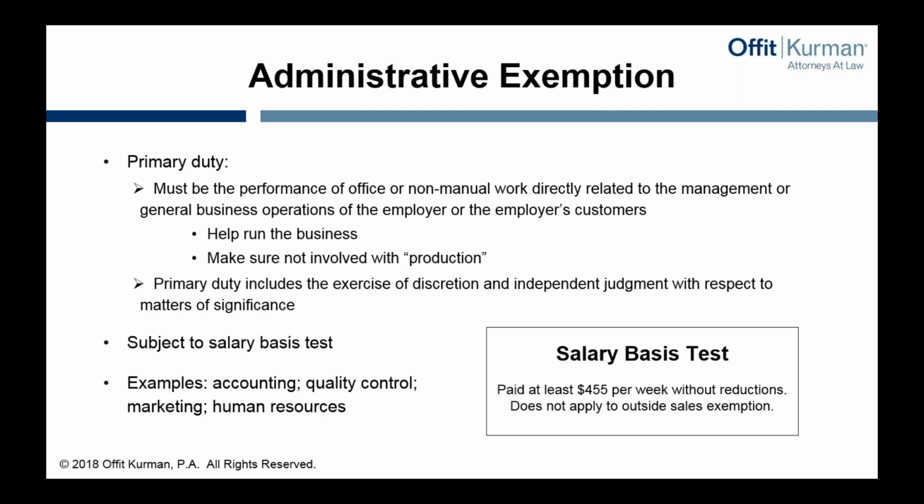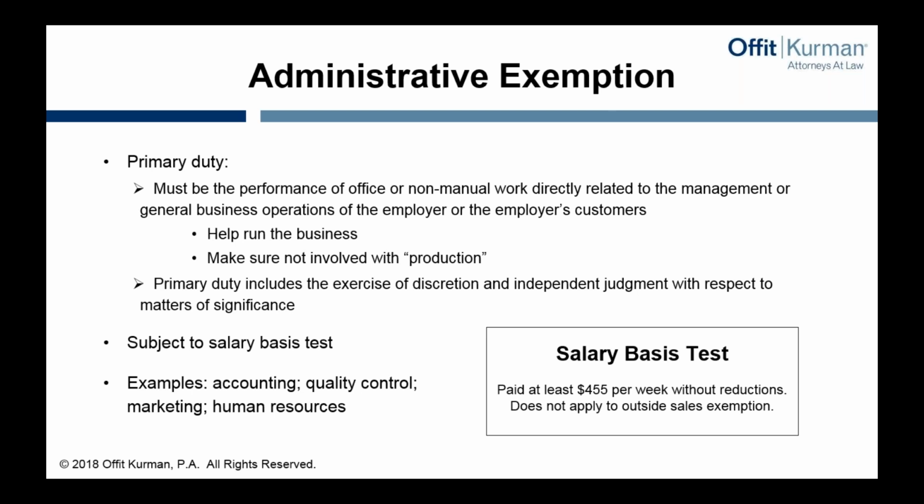There are cases that talk about quality control people or auditors that are given checklists and review files using those checklists, and who are held to be non-exempt because while they're performing an administrative function of the business, they're not engaged in any level of judgment or discretion.